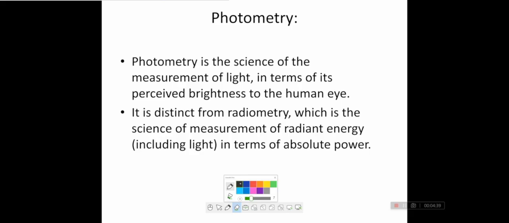Metry means measurement. So the measurement of light comes under photometry.